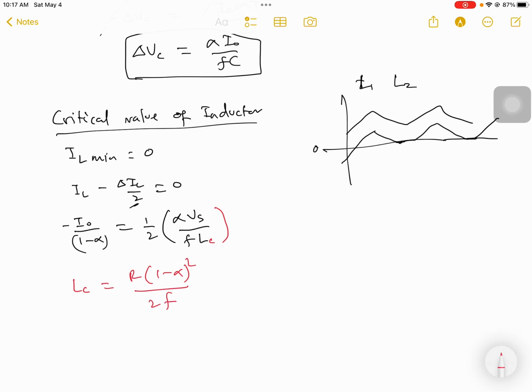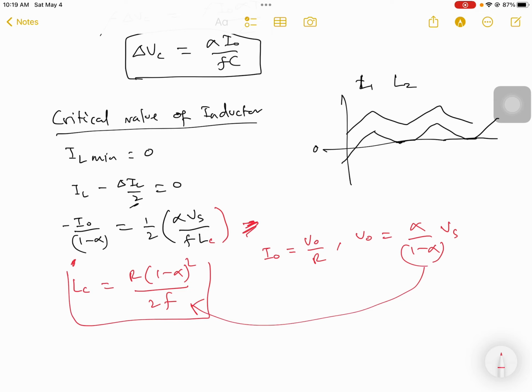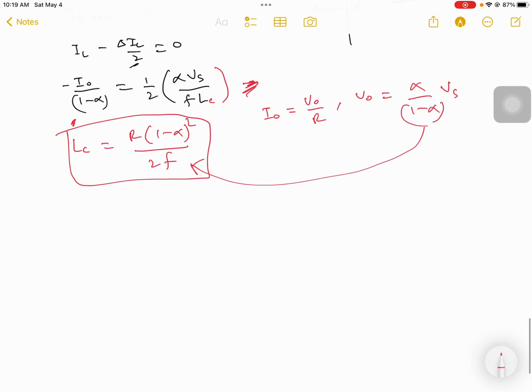There are many steps removed here, because from our primary formula I am replacing I naught with Vo by R, and then Vo is replaced by alpha by 1 minus alpha times Vs. So if you just replace and calculate, you will get this. This is only true if our load is R. If not, we'll have to stick to this general formula.